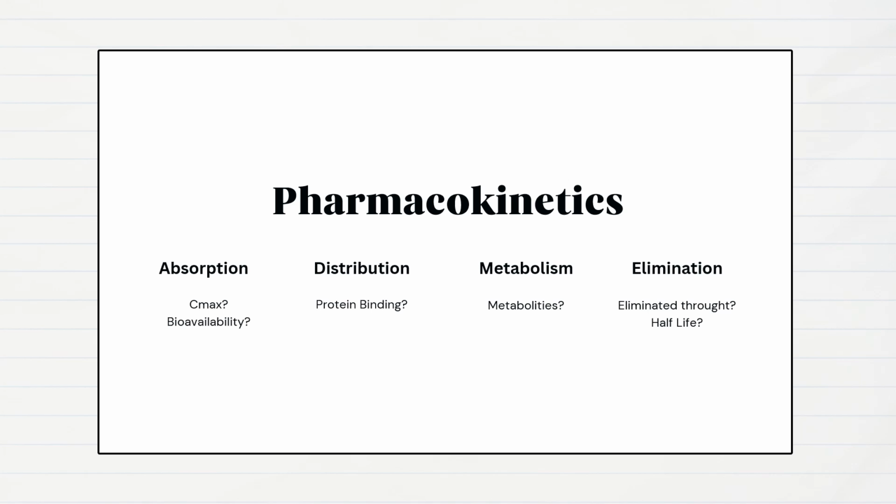Our next subtopic is distribution, how dapagliflozin is distributed in our body. Dapagliflozin has 91% protein binding, and its protein binding is not disturbed in patients with renal or hepatic impairment.